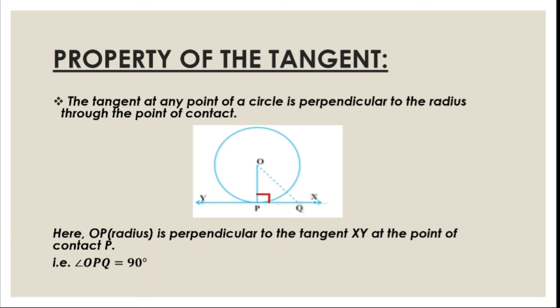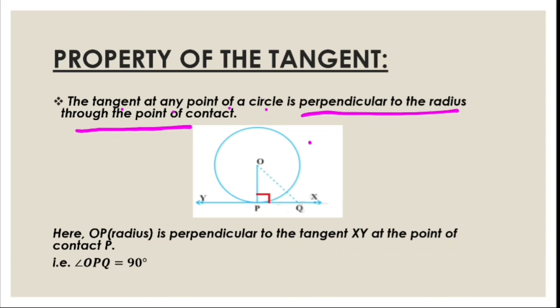Now we will discuss a very special property of the tangent. The property is: the tangent at any point of a circle is perpendicular to the radius through the point of contact. What does it mean?